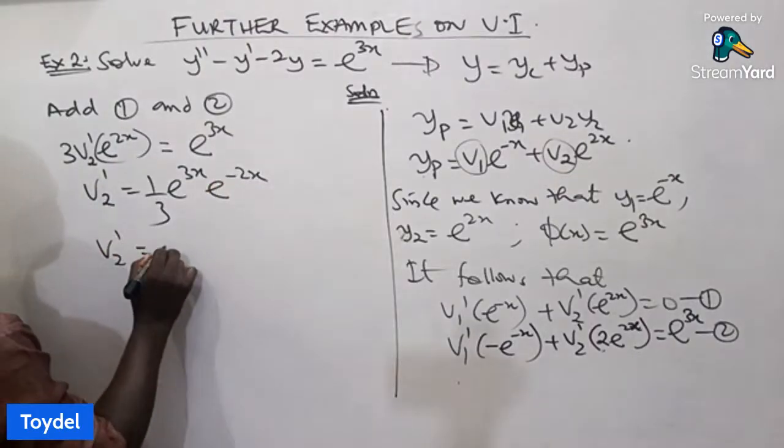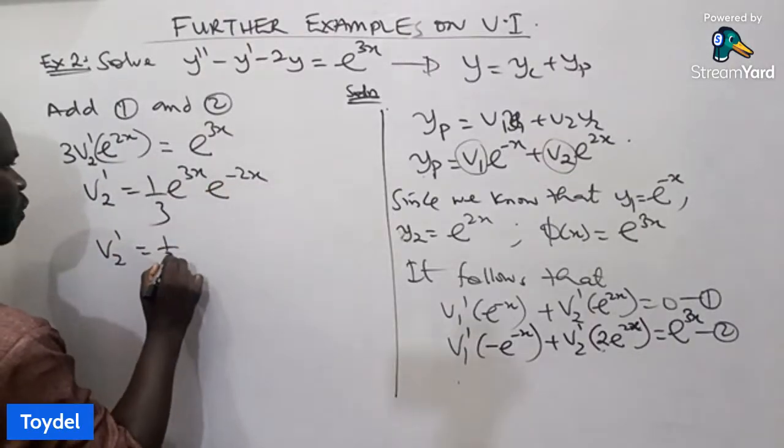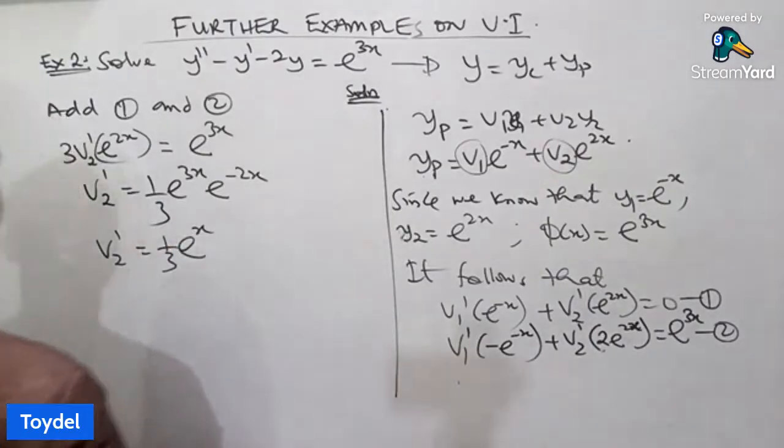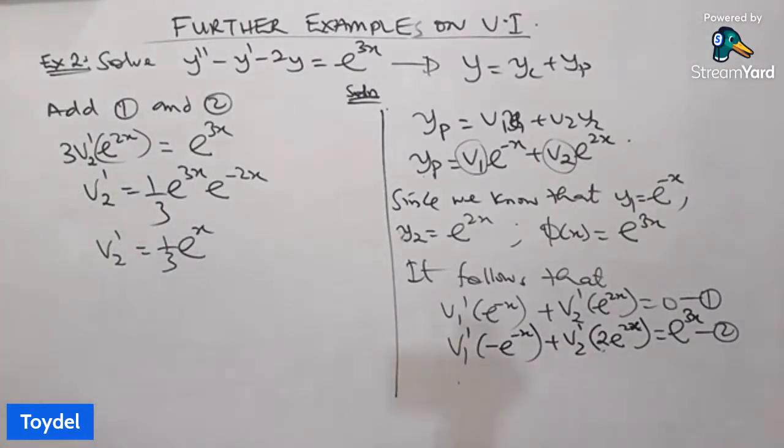Finally, v2 prime will be equal to 1 over 3 e to the x. That's what we get as v2 prime.